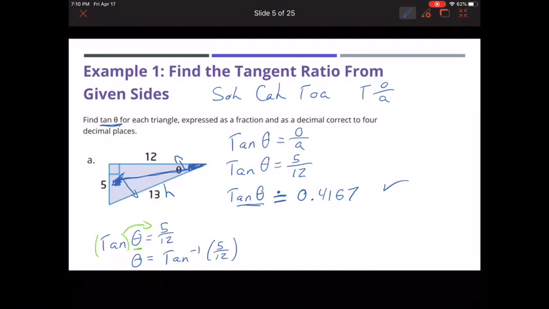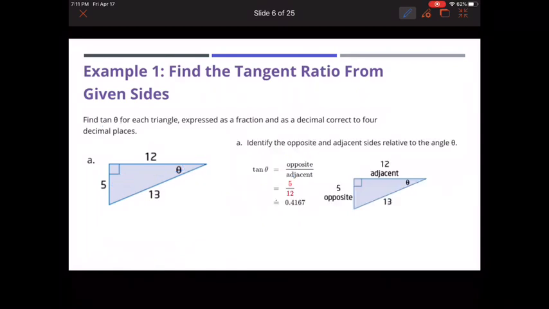So you would put that into your calculator and that would tell you what the angle is, what actual theta is. But we are not being asked to do that in this question so far. But for reference's sake, all right, so here is the answer as given in the book.